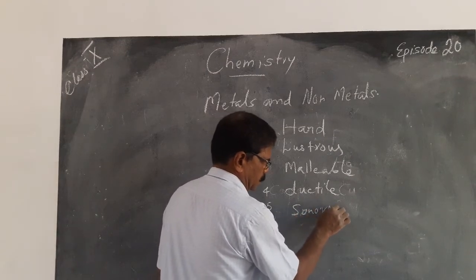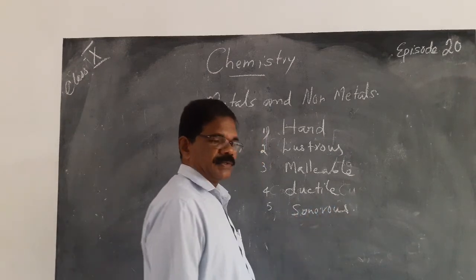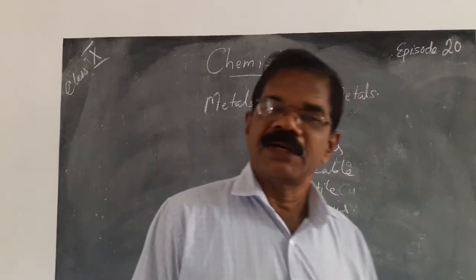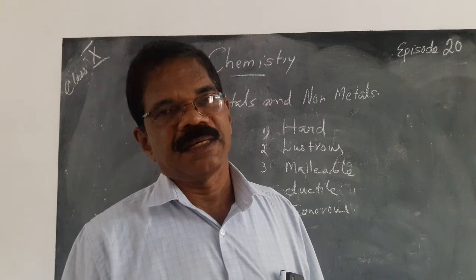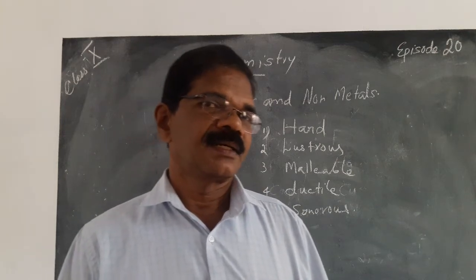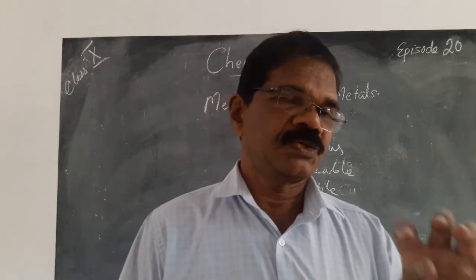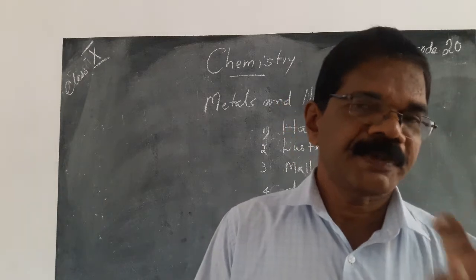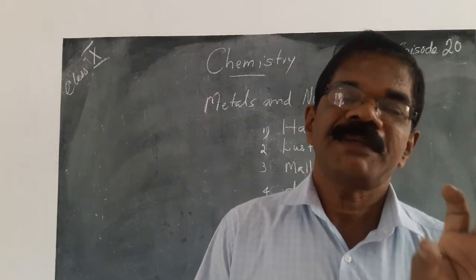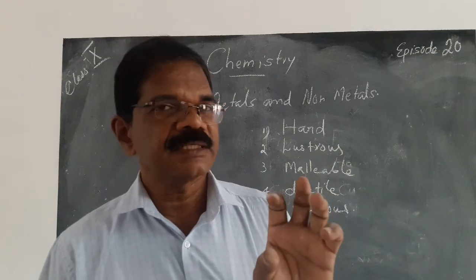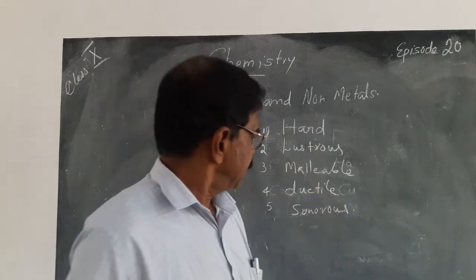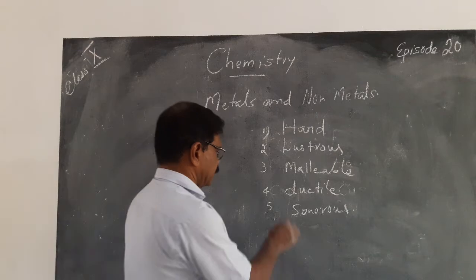So whenever you hear the sound from a nearby temple or church bell, you remember that it is a property of metals. Only metals can produce sound like that; the property is known as sonorous. Then you can list out a number of properties.